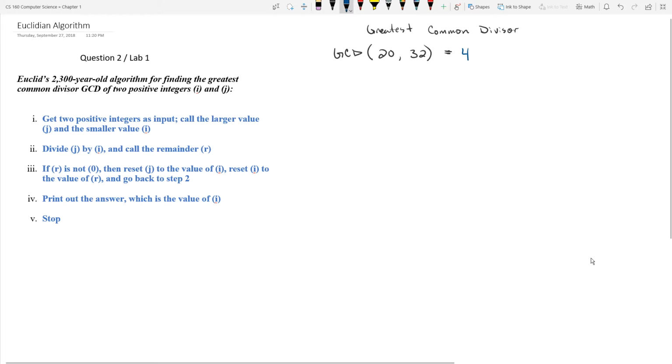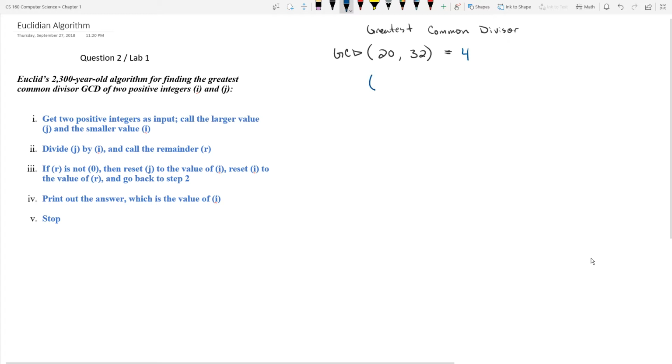Now, to follow this, the first step in this algorithm that's written out states that we call the larger value j and the smaller value I. You'll see that I have actually changed the position of each of these variables for j and I because, alphabetically, I comes before j, and I just want to keep things in a format that makes the most sense.